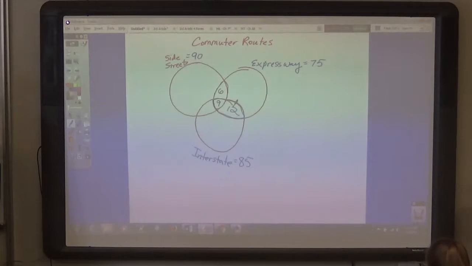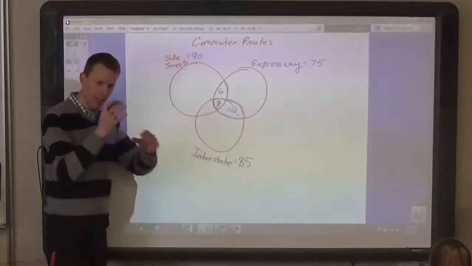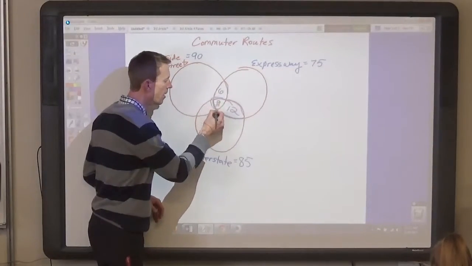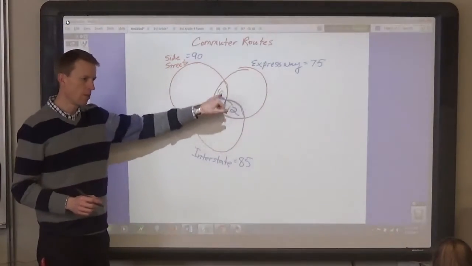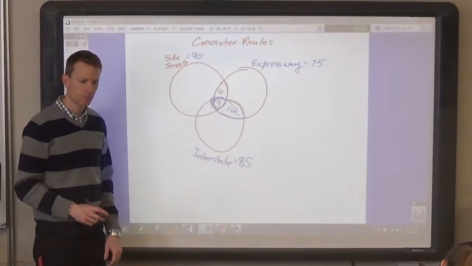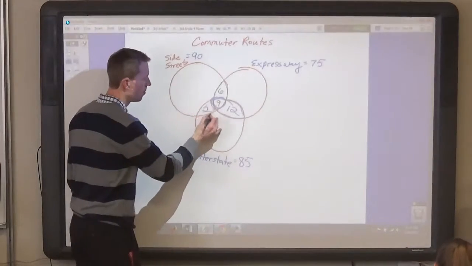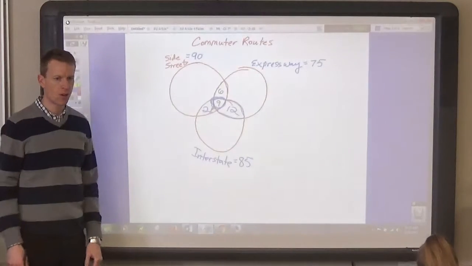And 11 use both side streets and the interstate. 9 commuters use all 3 types of roads. And that's how you know that there's a 9 in the one that's in all 3. So at the end it says 9 use all 3 types. So if they tell you that, that's how you know to break up those numbers. So 2 of them use the interstate and side streets only.